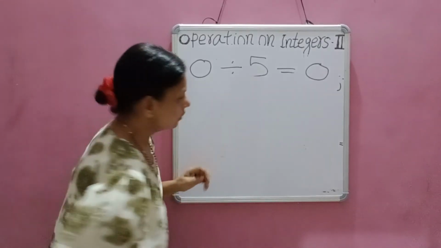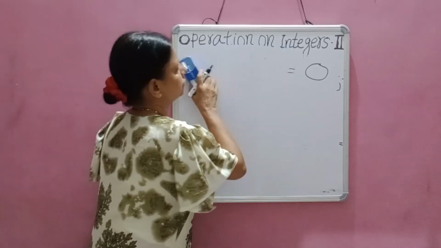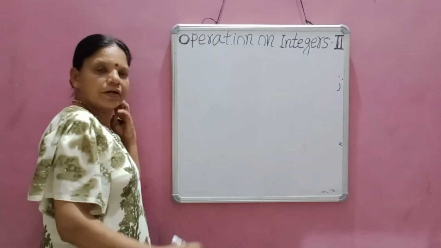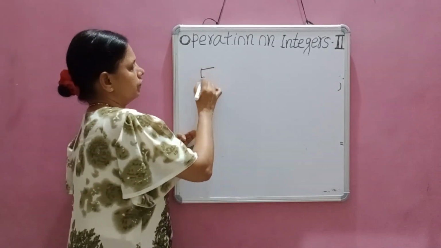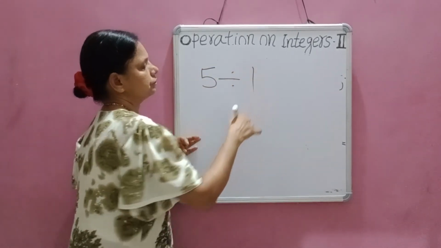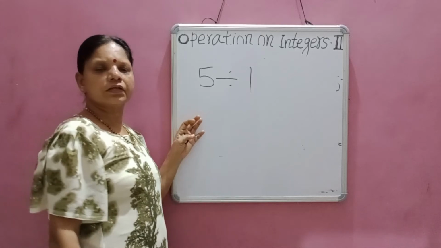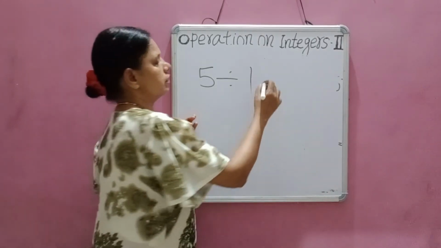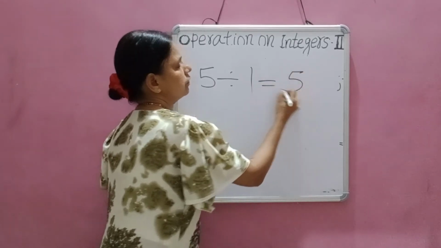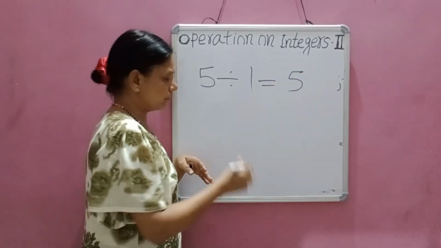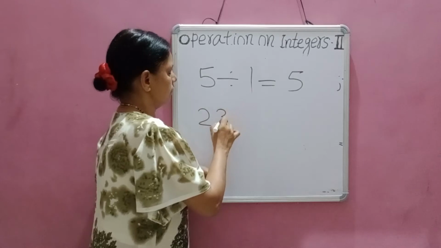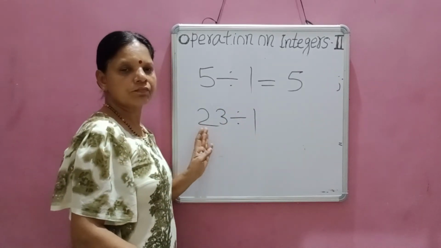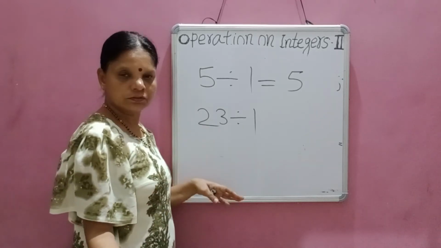Clear? Now, we will see what will happen when 5 is divided by 1. How many ones can we take from 5? 5 ones we can take. Clear? Similarly, 23 divided by 1. How many ones can you take from 23? 23 ones.